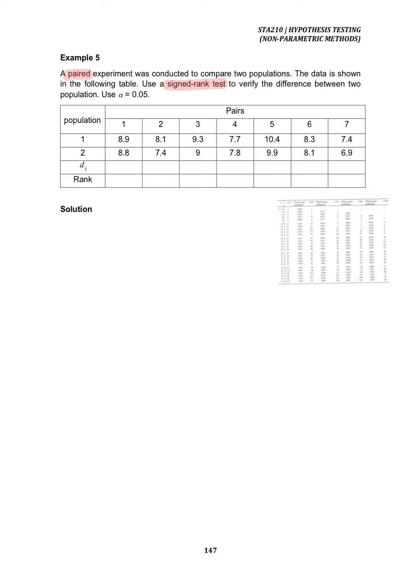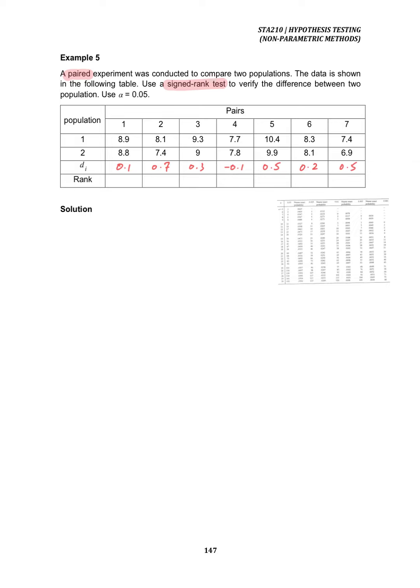Now let's calculate the di first. 8.9 minus 8.8, we will get 0.1. 8.1 minus 7.4, we will get 0.7. And then we will have 0.3, negative 0.1, 0.5, 0.2, and lastly 0.5.